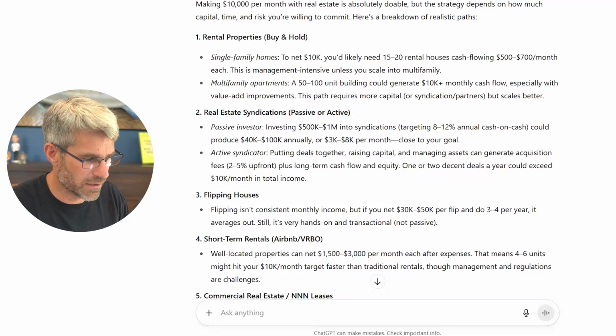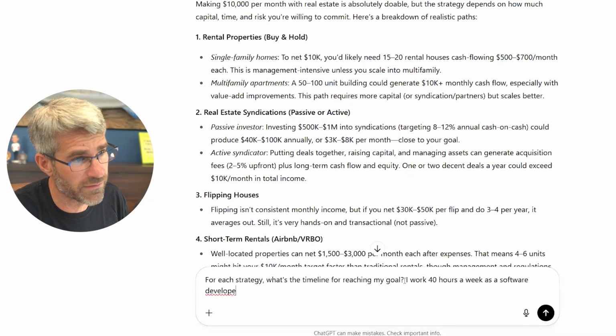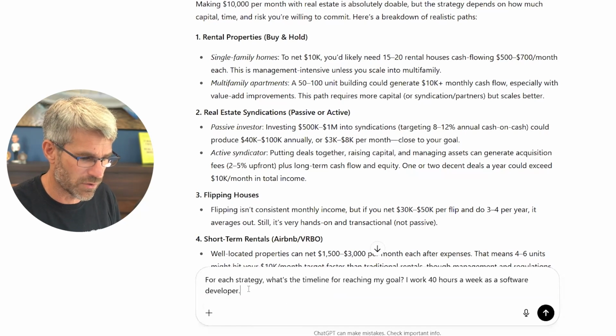All right, I'm going to put in there, for each strategy, what's the timeline for reaching my goal? I work 40 hours a week as a software developer. I'm going to put this in there just because in 2004, when I quit my job, I was actually a software developer, so working more like 50 hours a week. Well, let's go. Let's see what it says for each strategy.